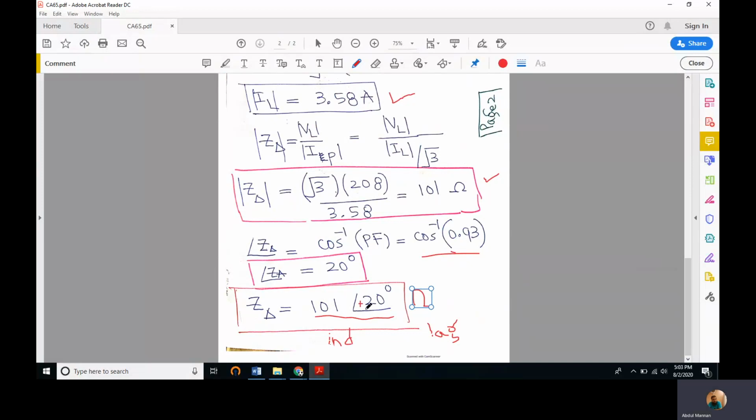If we had a negative angle, the imaginary part would be negative, which means a capacitive load. Since we have a positive angle, it is an inductive load, and for inductive loads we have lagging power factor. For capacitive loads, we have leading power factors.